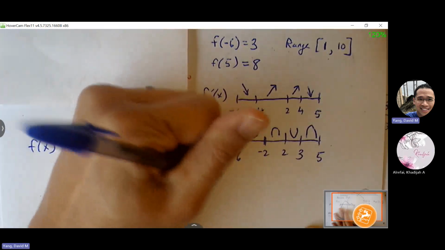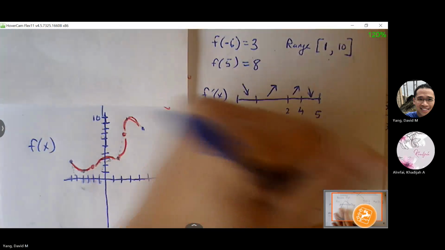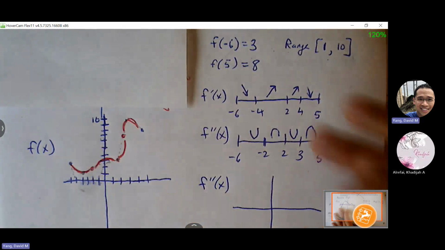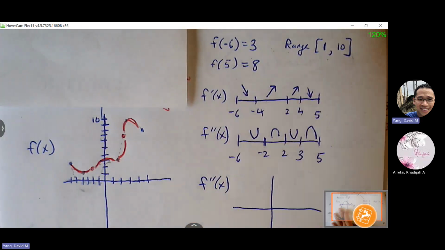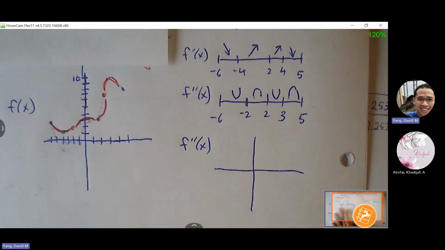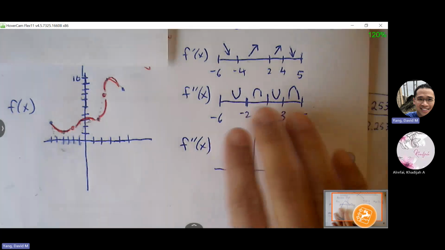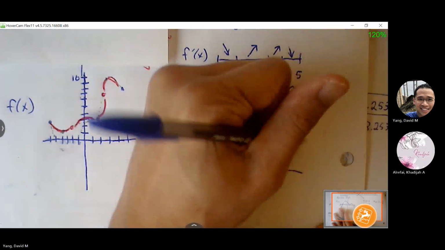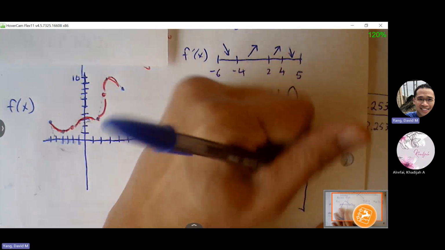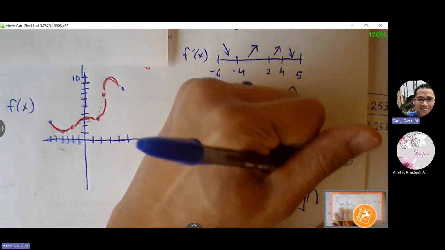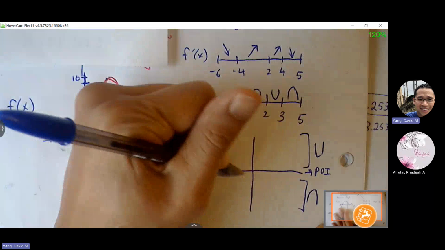Next up, my second derivative graph. And you're only looking at the f double prime sign line. Do not look at anything else when you create your second derivative sign line. And it's going to be relatively simple. You're just going to thread between your points of inflection. To help remind us, above is concave up, below is concave down. On the x-axis is point of inflection.